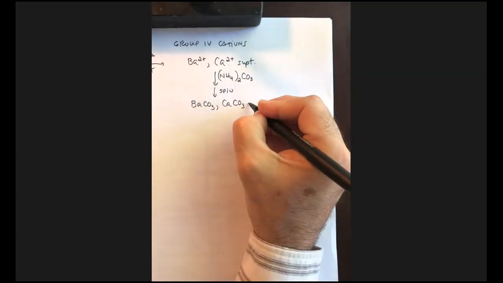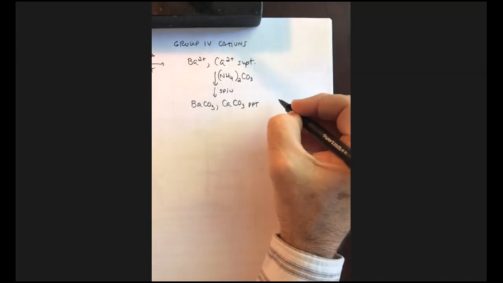This is going to be our precipitate. Now remember, whenever you have these compounds where one of the two ions is susceptible to pH, the carbonate ion is in equilibrium with carbonic acid, bicarbonate, all that kind of stuff.